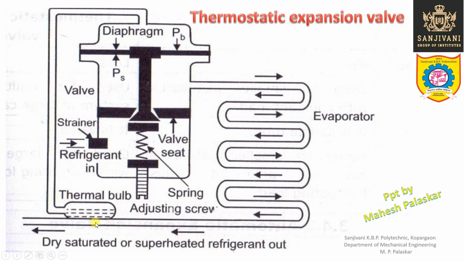This adjustment is done in such a way that this thermostatic expansion valve should operate properly, and sufficient opening should be there when the refrigerant leaving the evaporator is slightly superheated up to the required degree of superheat, right? So at that time the opening of this particular valve will be up to the required level, right?